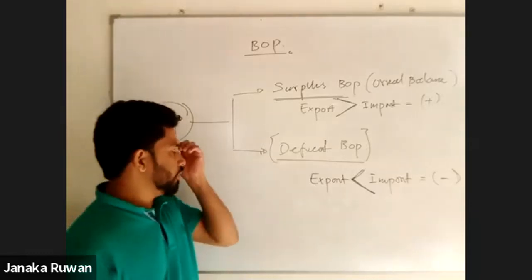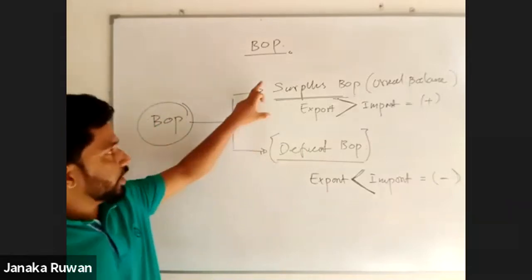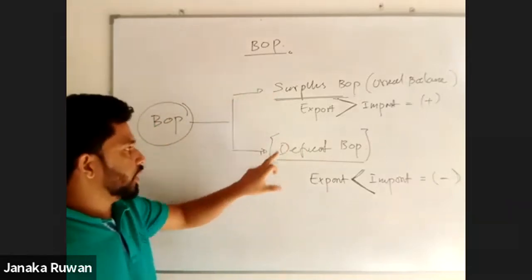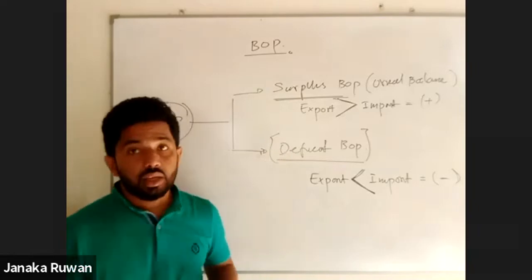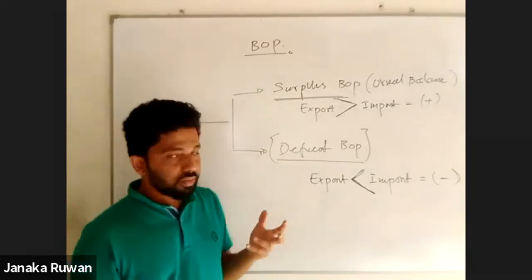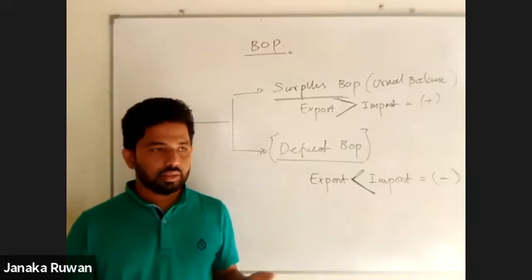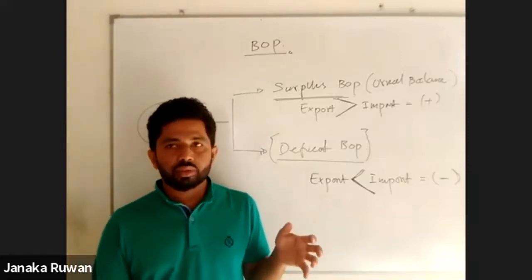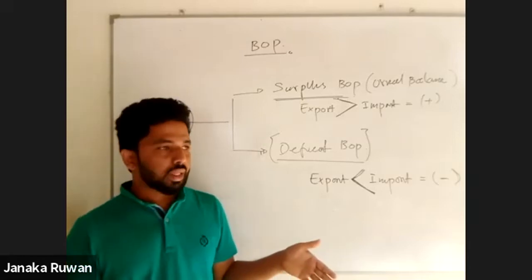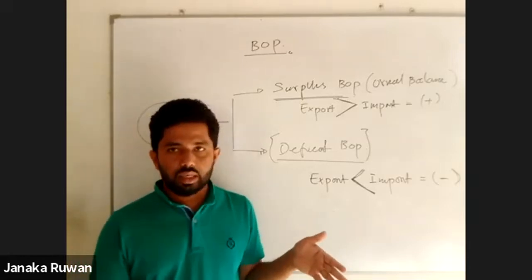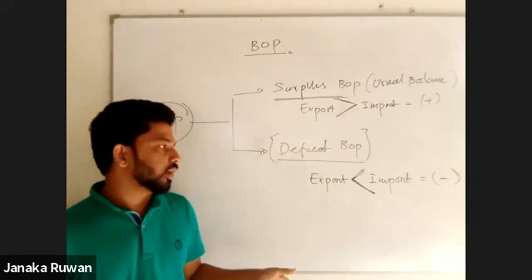We need to identify the effect of surplus and deficit on the economy, and then we can move to the main components of the balance of payment and identify how we are going to record all the transactions in its sub-segments.